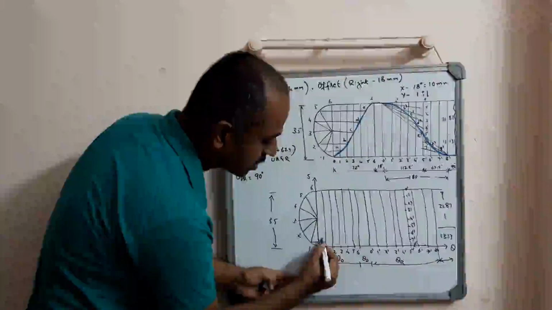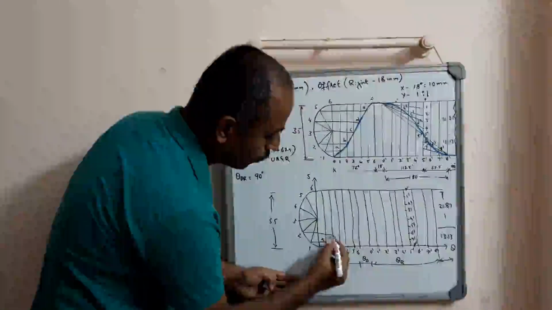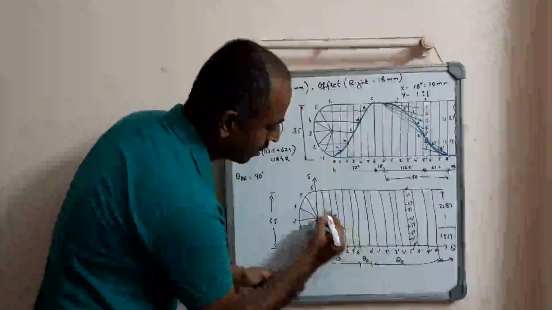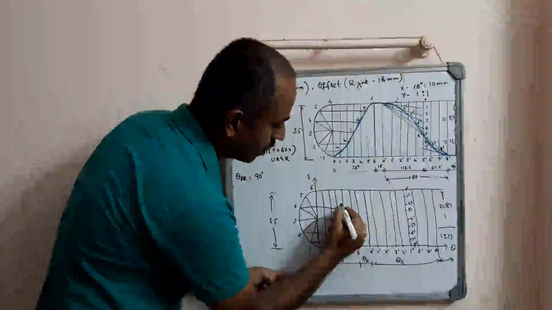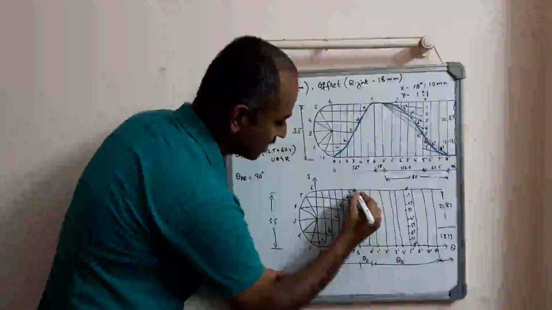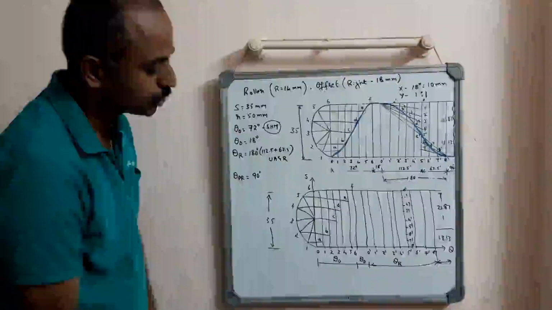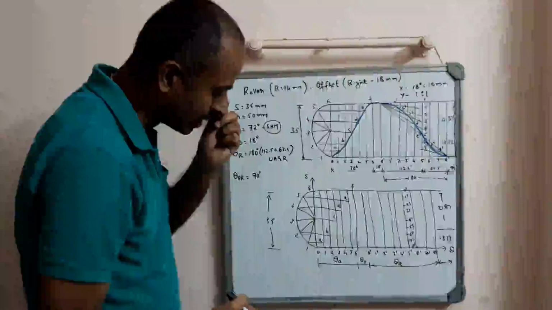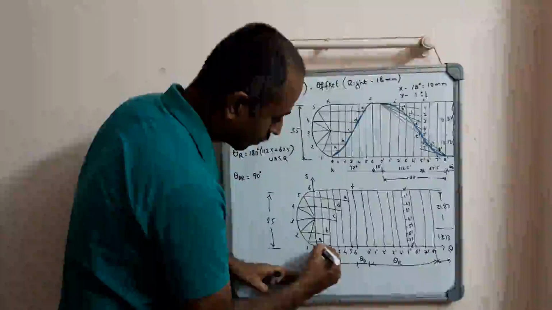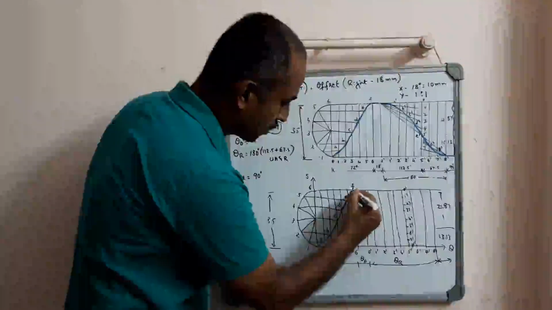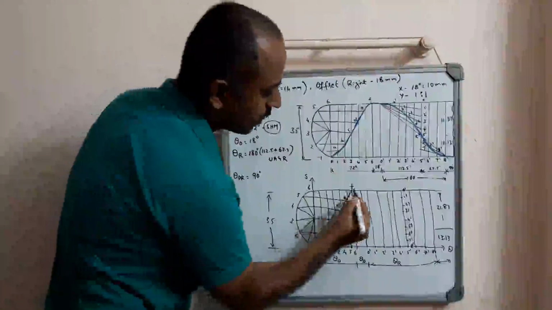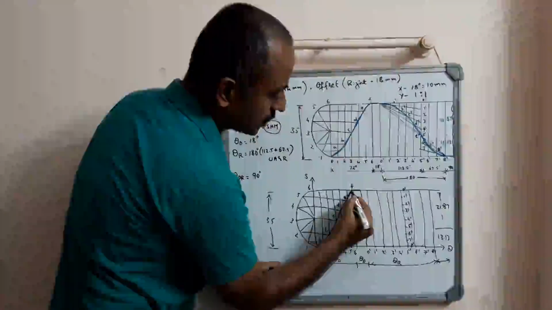The intersection point is our A. 2, 2, B. 3, 3, C. 4 and 4, D. 5 and 5, E. And 6 and 6 is our F. Join all these points A, B, C, D with the help of a smooth curve, which may be somewhat like this. Then comes the dwell period, which is a horizontal line.